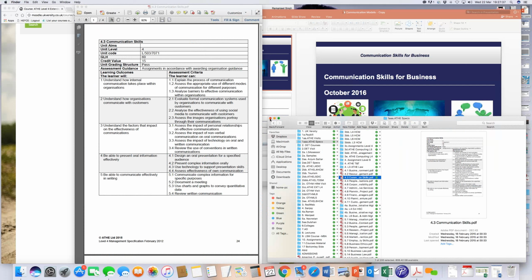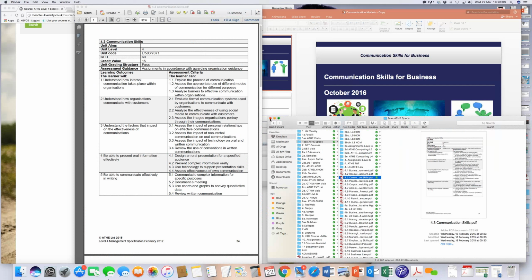But the idea here is that we are looking at developing some understanding in terms of the role of business communication in particular within an organization. And in terms of covering this particular topic, what we will be looking at is 5 different learning outcomes.